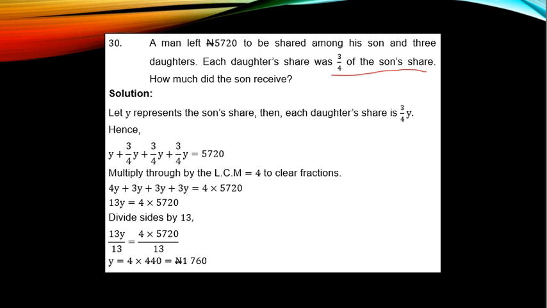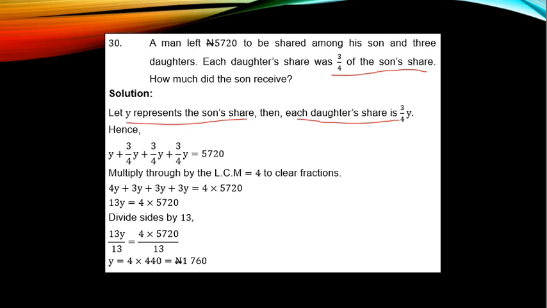So the son's amount is unknown. And again, you know that if you add the share for the son and the 3 daughters, it will be equal to the amount left for them. So let Y represent the son's share, then each daughter's share is 3/4 of Y from the question.